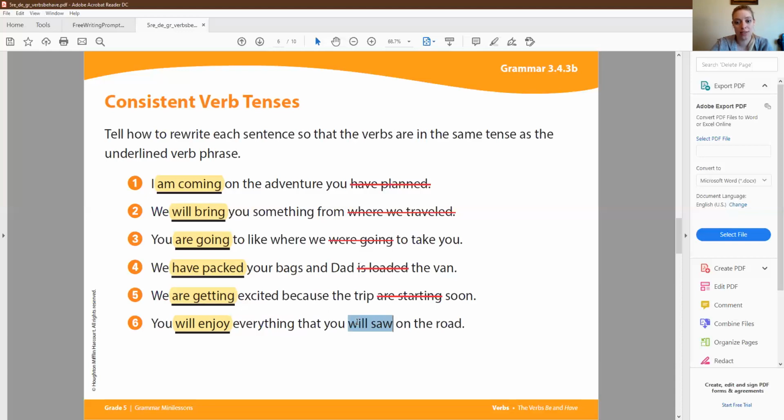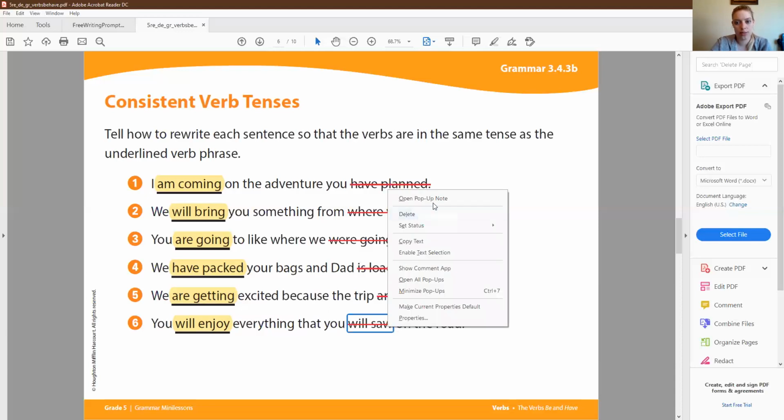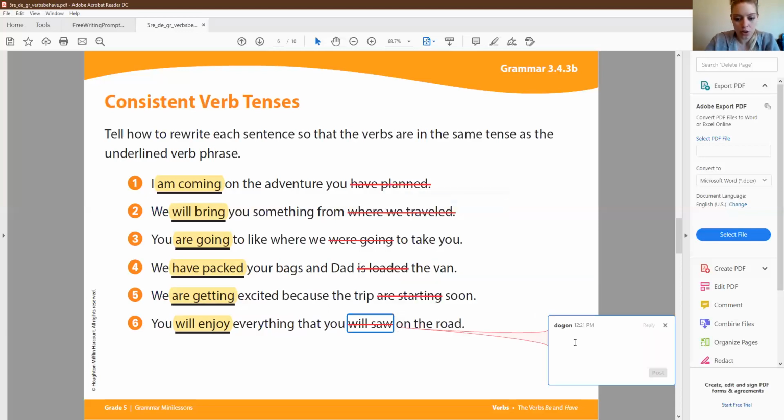Well, we know saw is in past tense. We can't have saw in past tense because it has not happened yet. So will saw is going to be crossed out, and we are going to change that whole sentence to: you will enjoy everything that you will see on the road.